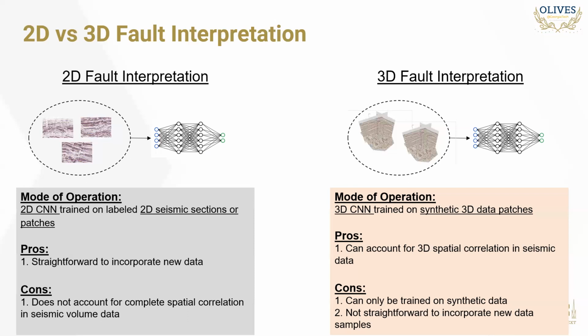To mitigate this performance degradation due to domain shift, one would have to fine-tune the model with the new data. But it's not straightforward to do that because the 3D CNN takes in input as 3D chunks or 3D blocks, but the interpreter is only able to provide you 2D images by way of labels in the new data. So there is this dimensionality mismatch that restricts the use of 3D CNNs on a wider scale.